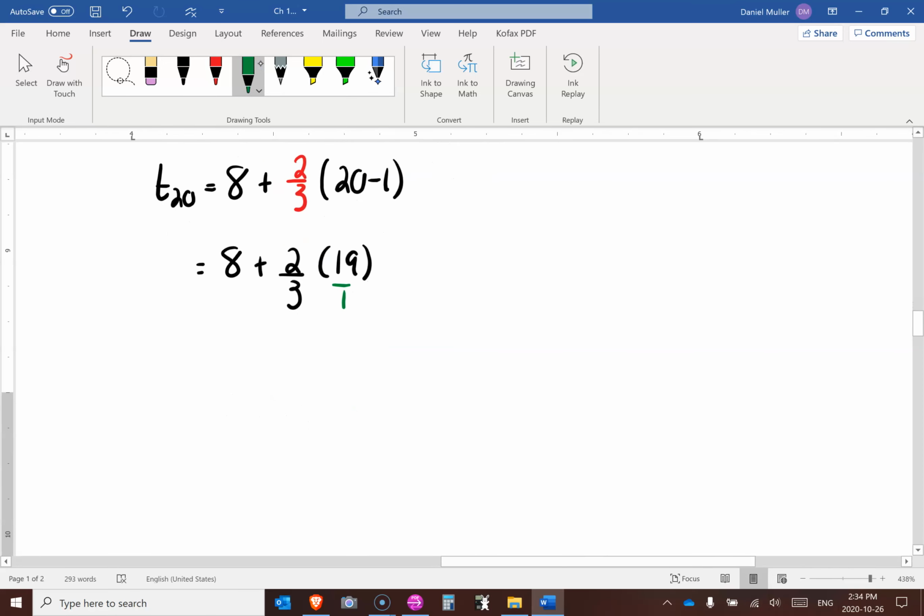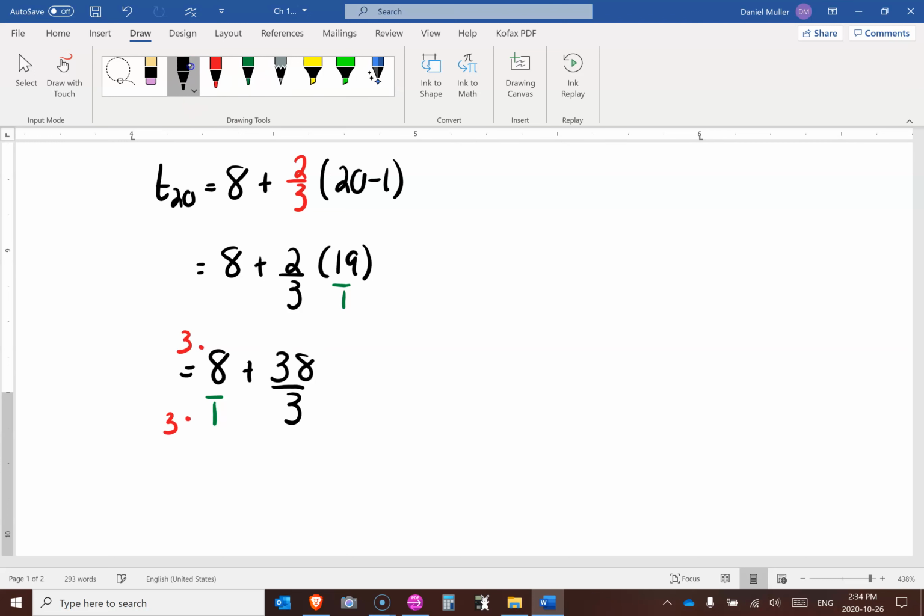So when I multiply fractions like that, I have to do the top times the top and the bottom times the bottom. So 2 times 19, I think, is 38, and 3 times 1 is 3. Now that I'm adding these fractions, I have to actually get a common denominator as well. So I'll times that by 3 and times that by 3.